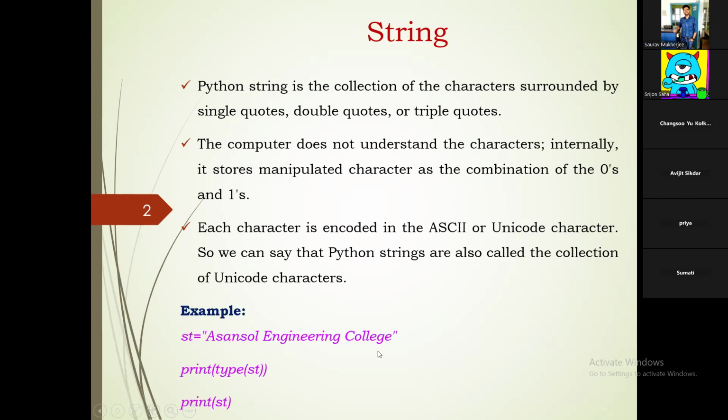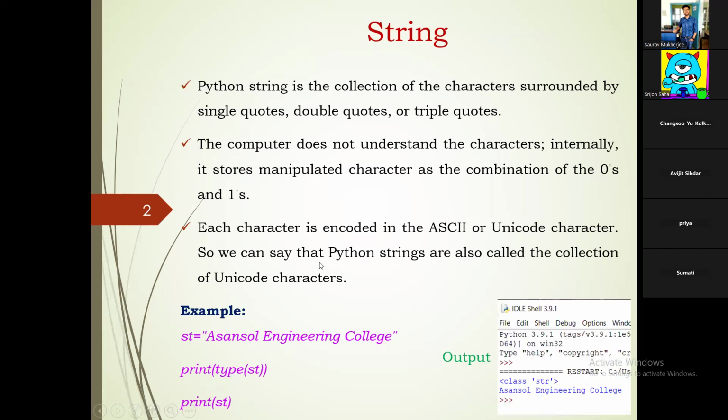So this is our example: Asansol Engineering College or NIT Durgapur, National Institute of Technology. If we type print of type of ST, because this is saved into ST, we get the type of this.